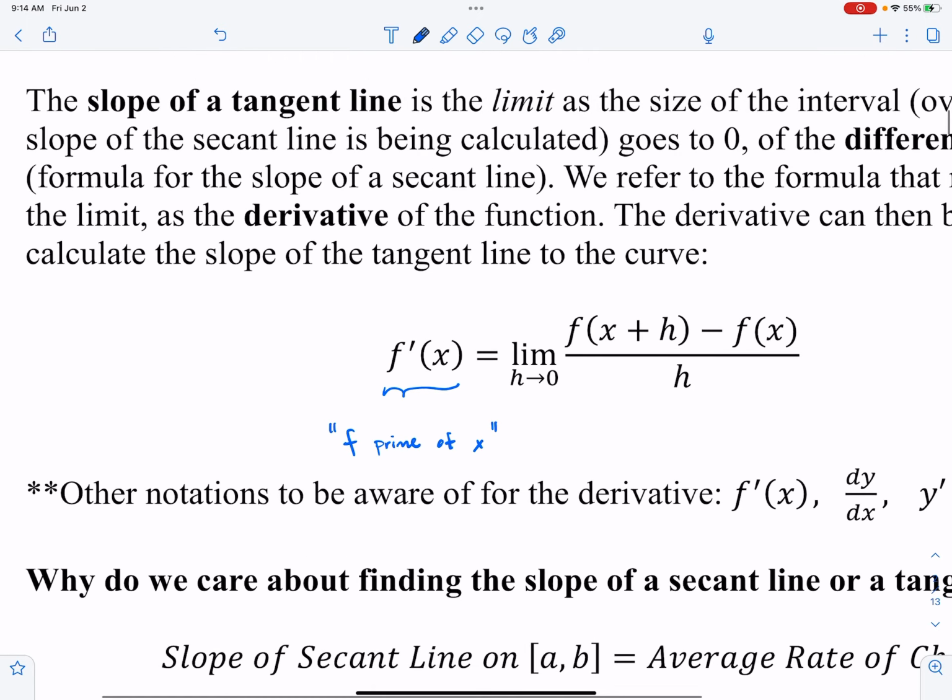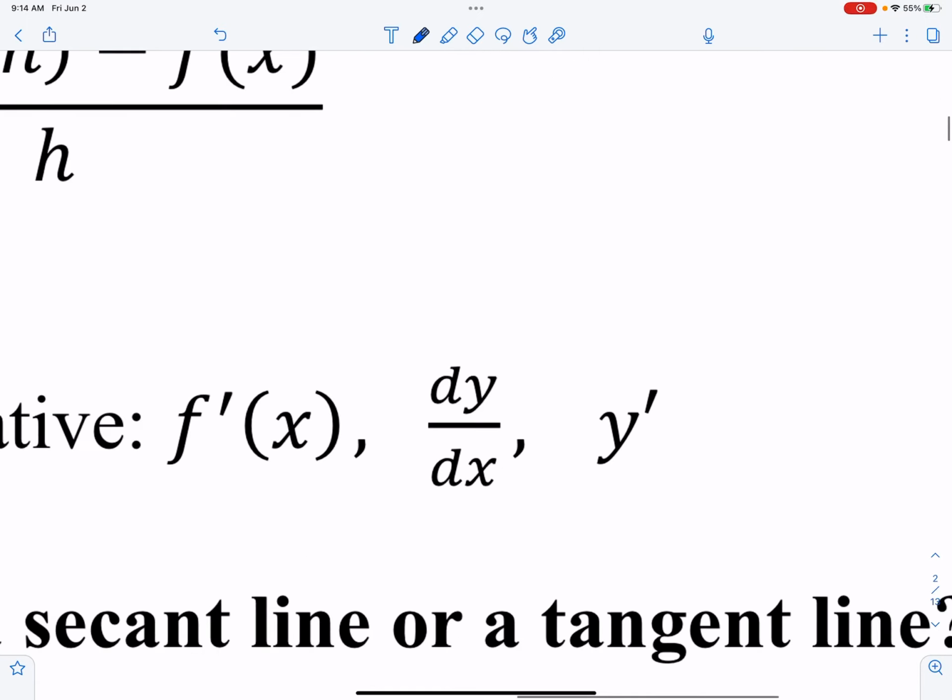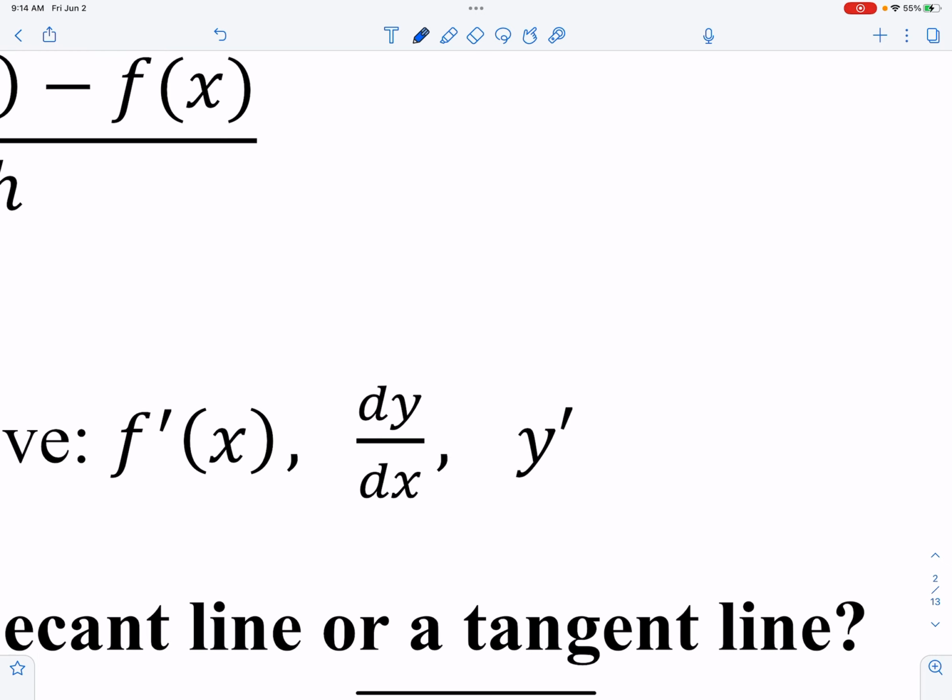Other notations that you should be aware of are dy over dx, that's this one, dy over dx, or sometimes it's just read dy dx. And then y prime.